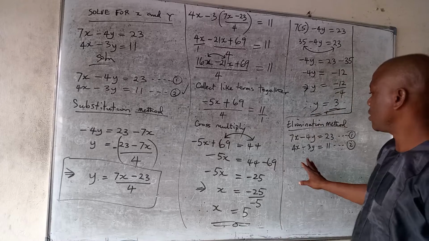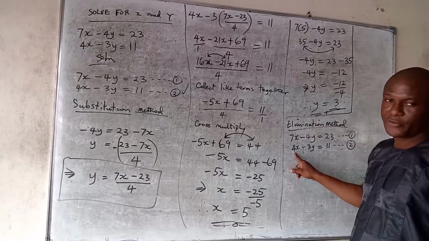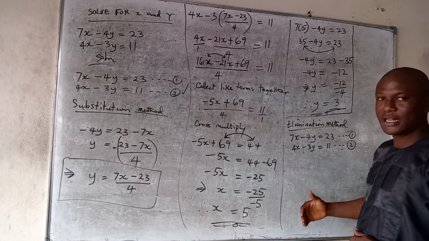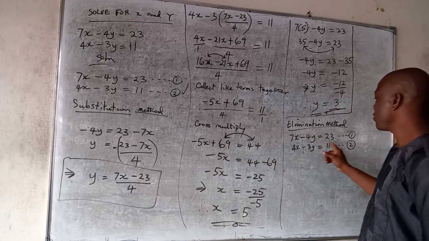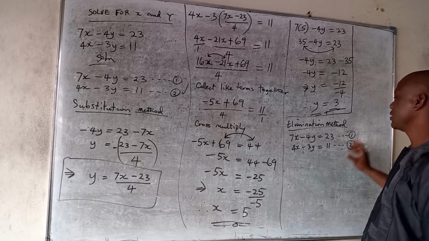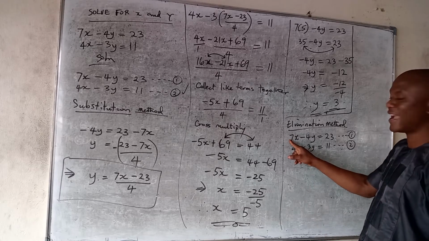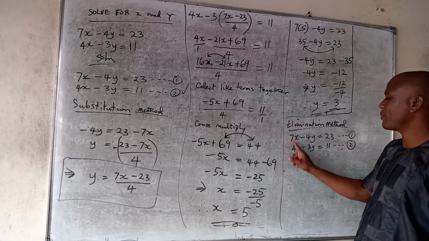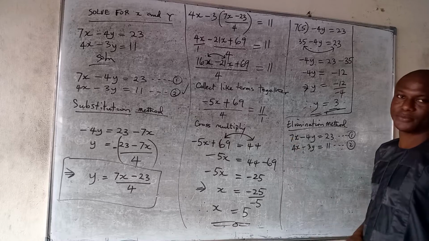The elimination method requires that you make one variable's coefficient the same, so you could eliminate that and then solve for the other variable. If you look at these two equations, we can make the coefficient of x the same by multiplying equation 1 by 4 and equation 2 by 7.